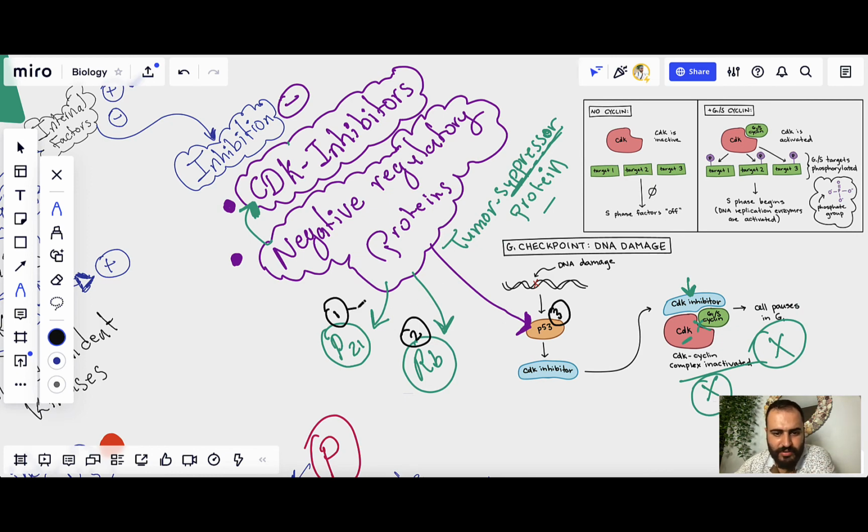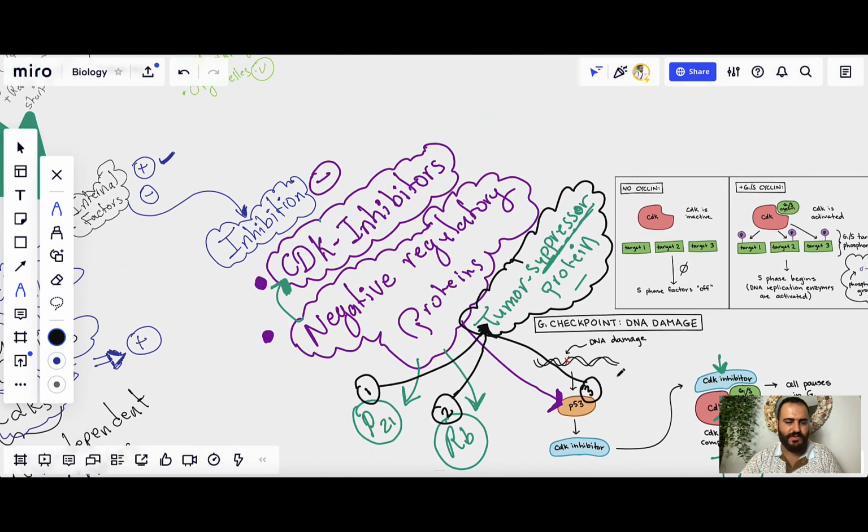All of them are called tumor suppressor proteins, and all of them inhibit the binding between cyclin and CDK, as a result stopping the cell cycle.